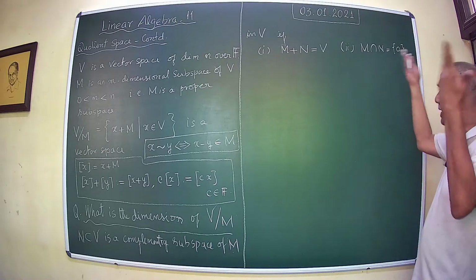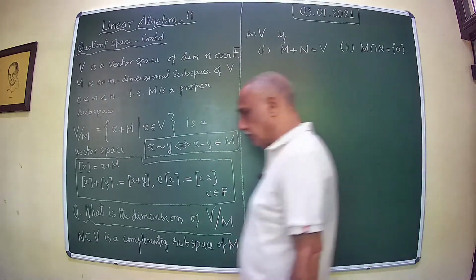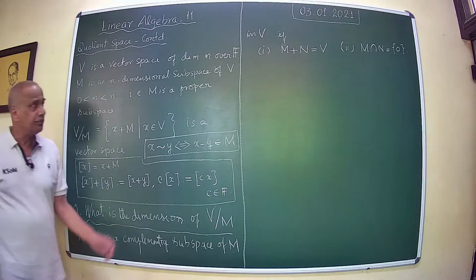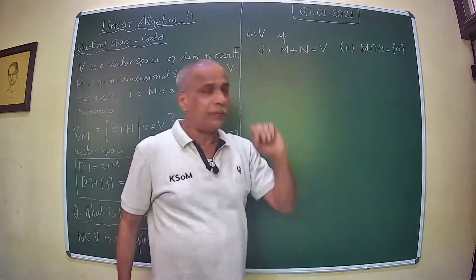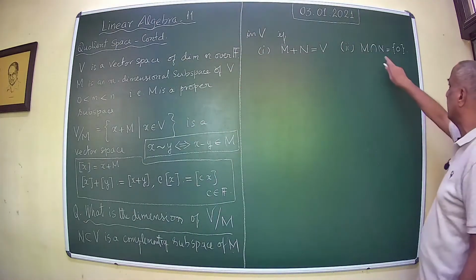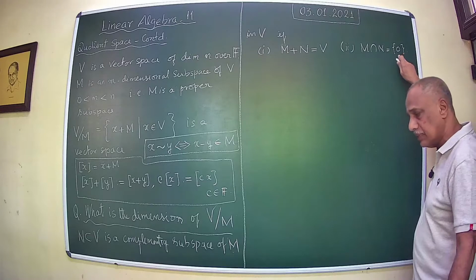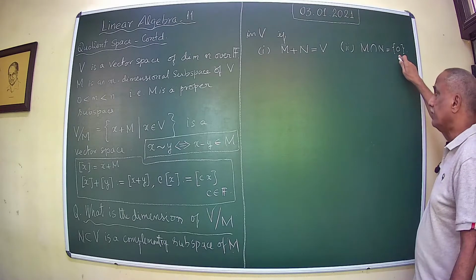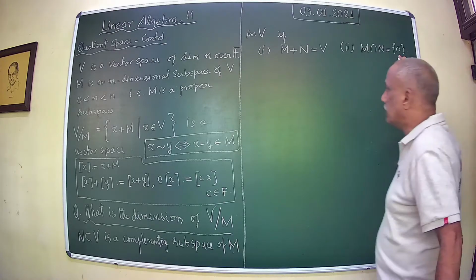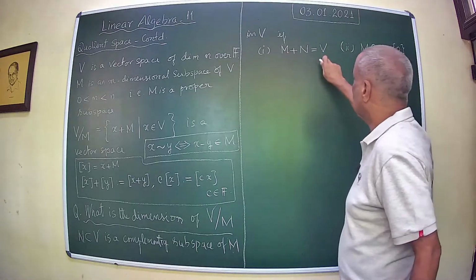It is also anyway a subspace of V. So if M plus N is equal to V and M intersection N consists of only the zero vector, then we say N is a subspace complementary to M in V.